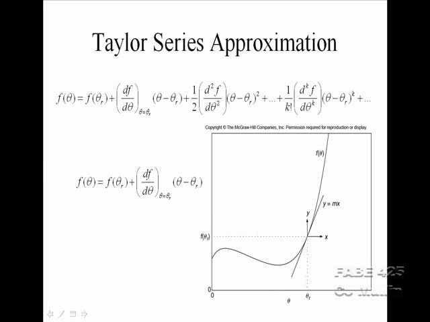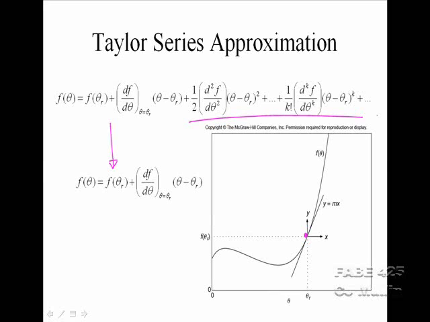So for what we're showing here, we're calling this theta r. If we stay fairly close to that reference point, we can approximate the function using just the first two terms. That's what I've shown right here. We can drop off these higher order terms of the Taylor series.